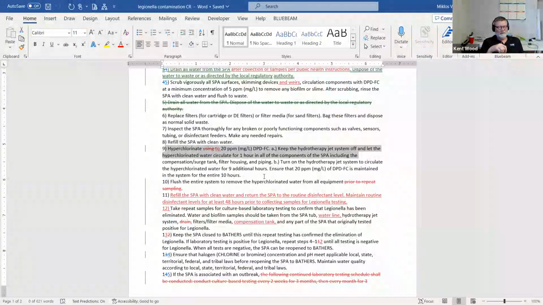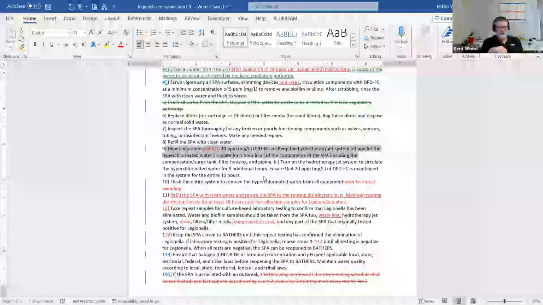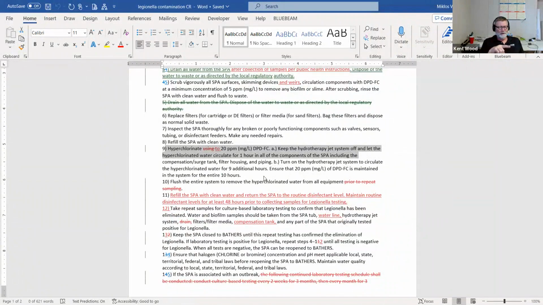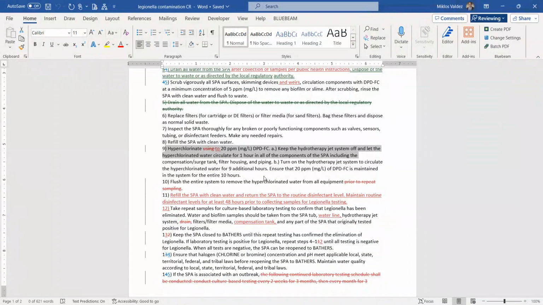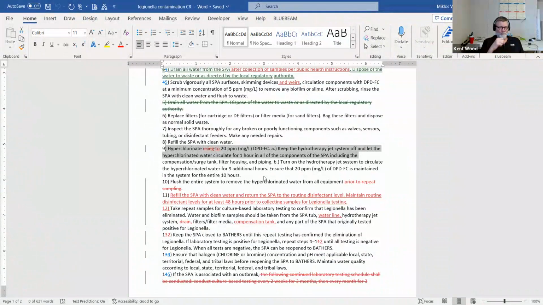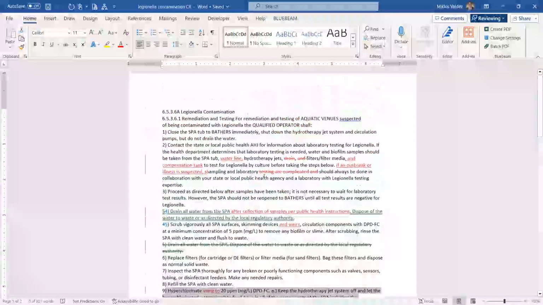But this all seems pretty complicated for the average operator to me, and I think all of this would need to be done under AHJ supervision. And if there's a Legionella outbreak, right, because Legionella is a reportable disease. It's a really, really big deal in my mind for 2 reasons. One, people die from this.